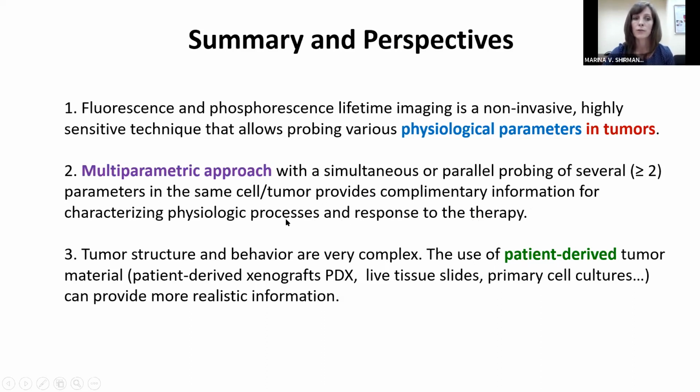Tumor structure is very complex, and biological behavior is complex, so the use of patient-derived tumor material, for example live tissue slices, primary cell culture or ex vivo tissue samples, can provide more realistic information.